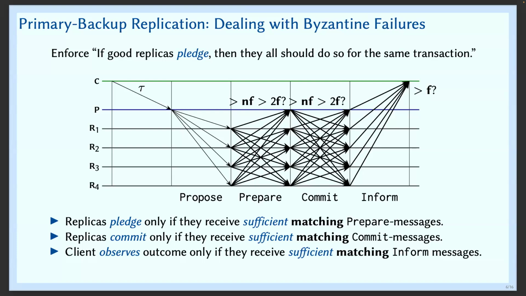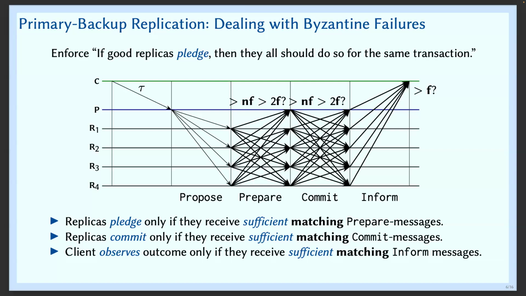Sure, but what's the significance of having 2F plus 1 prepared? No, to ensure uniqueness, you need a single prepared. You don't need 2F plus 1 prepared. At least one has received it, it knows it. So yeah, exactly what it said.